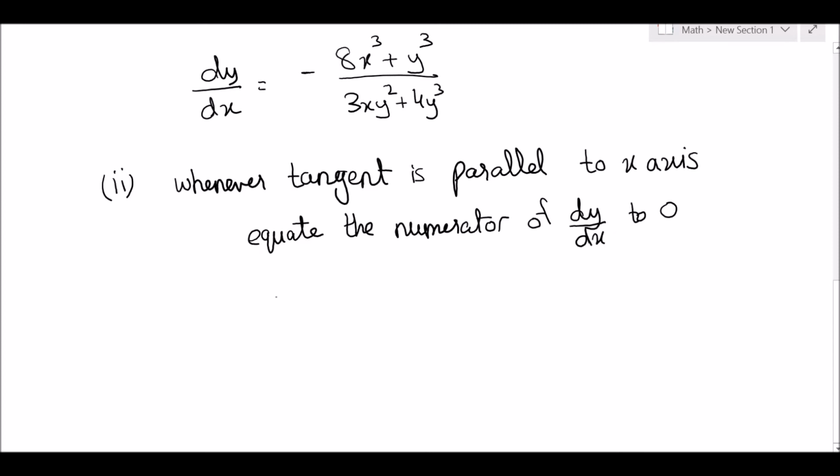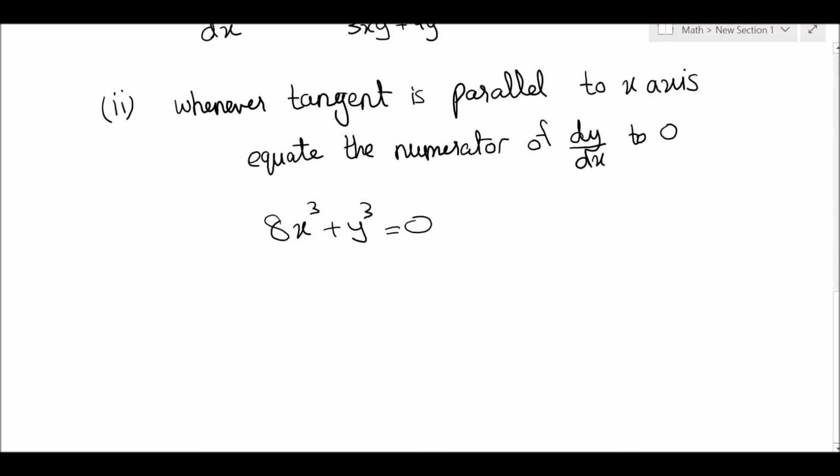So our numerator in this case is 8x cube plus y cube is equal to 0. So we can further simplify.